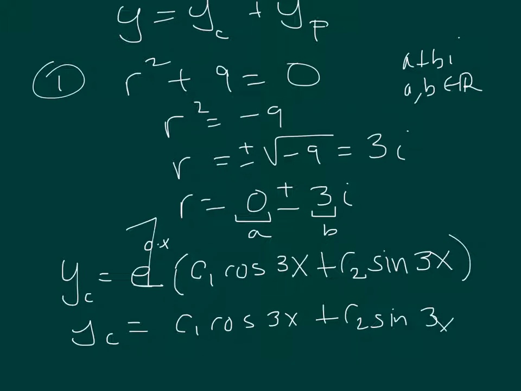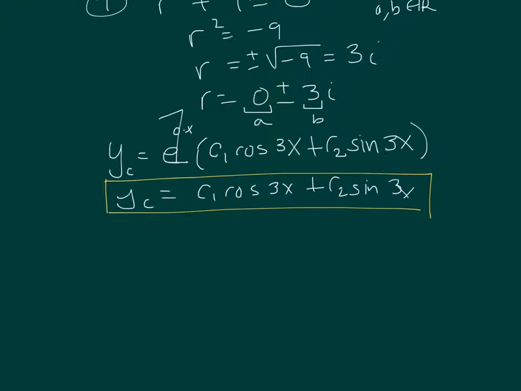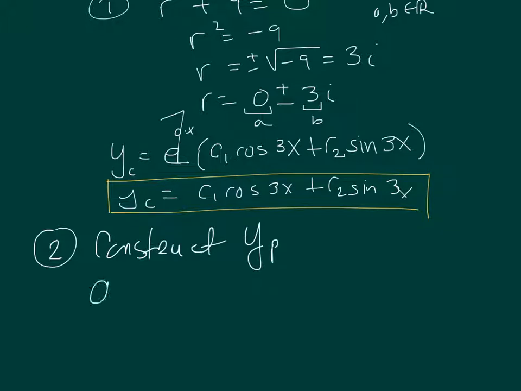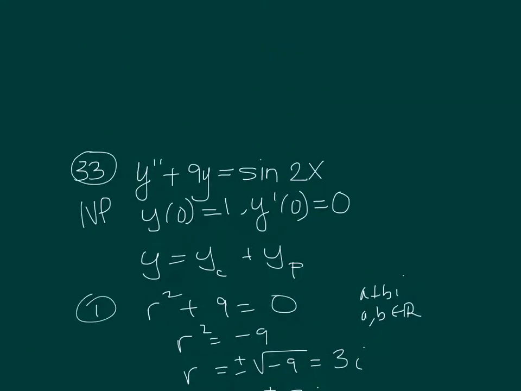Okay, so hopefully this is familiar. This is the yellow part that I've been boxing as yellow. So now let's try to construct our y sub p. We choose y sub p. Well, it depends what our f of x is, and this is our f of x, which is sine 2x.